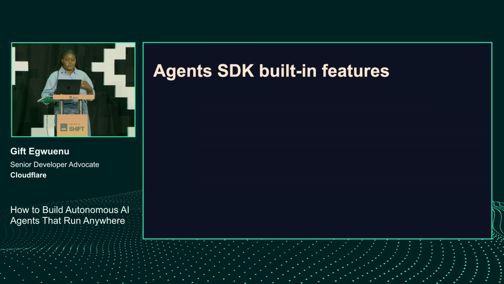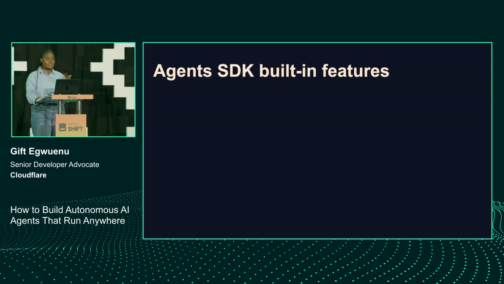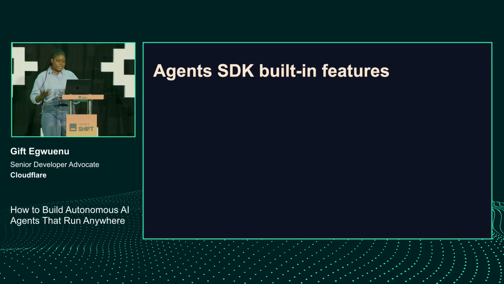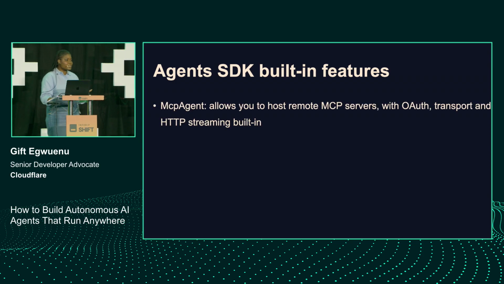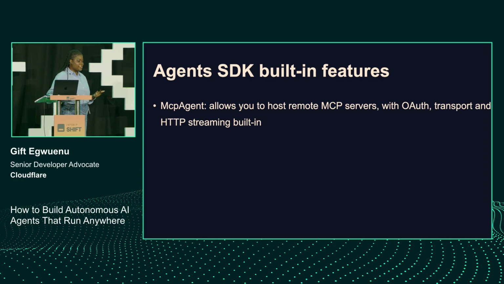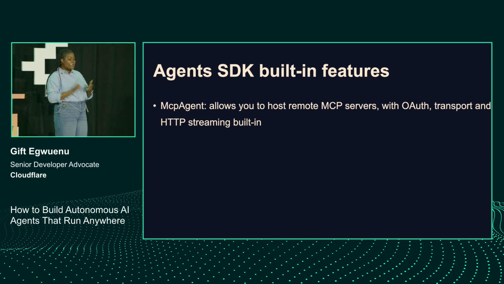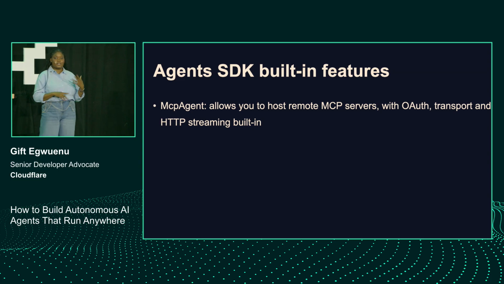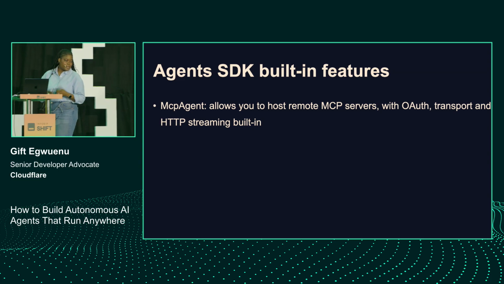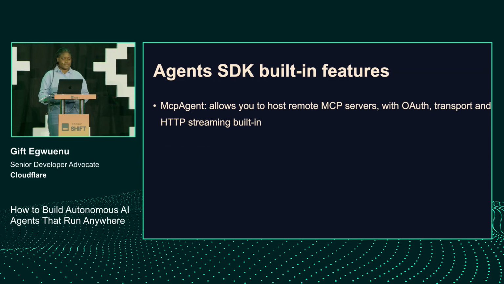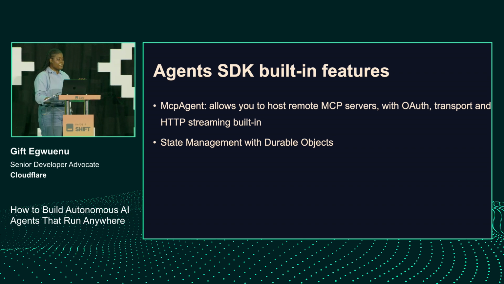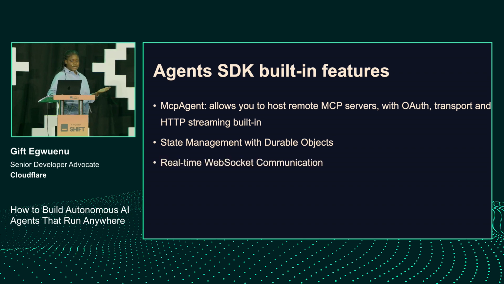The SDK comes pre-built with so many features that you would typically need when you're building an AI agent. First, we have something called MCP agent. This is what allows you to host remote MCP servers with OAuth support, with the transport, whether you're using SSE or HTTP streaming, built in. You also have built-in state management with Durable Objects.